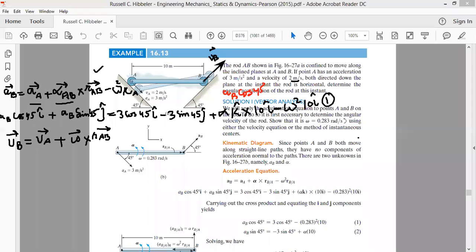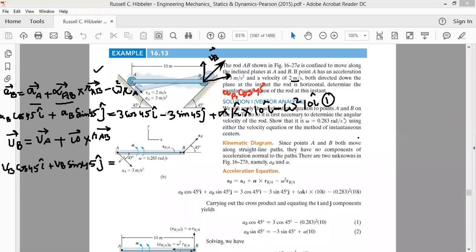This VB can be resolved into two components: VB cos 45 and VB sin 45. So we write VB cos 45 i cap, and its j component will be VB sin 45 j cap, equal to the velocity of A.